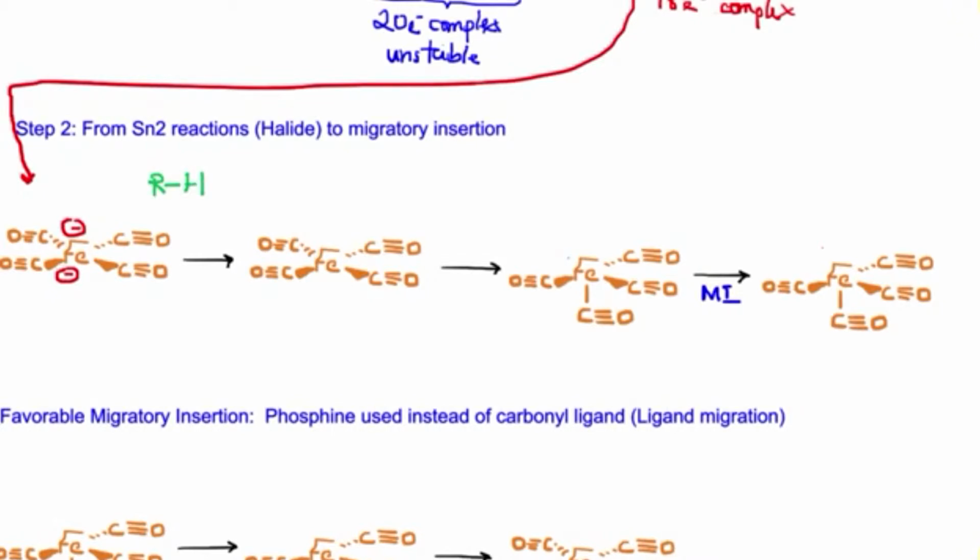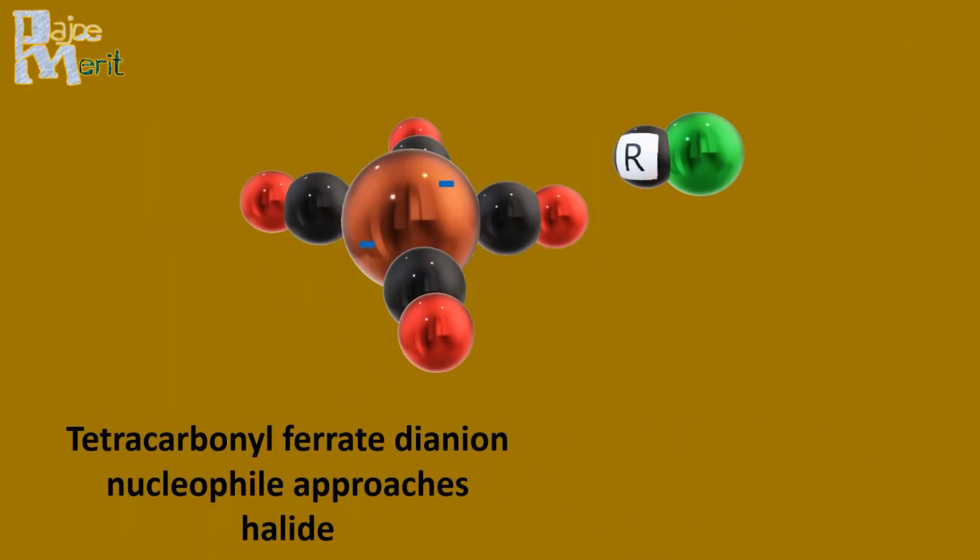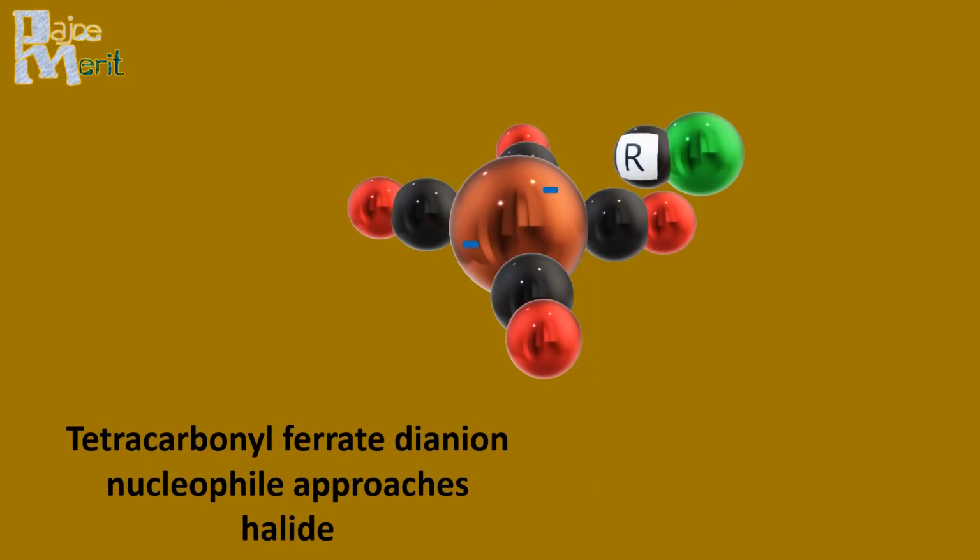So once we introduce a halide, in this case we use R bonding to a bromide, or sometimes iodide, or any of the halogens, but we'll use bromide here.